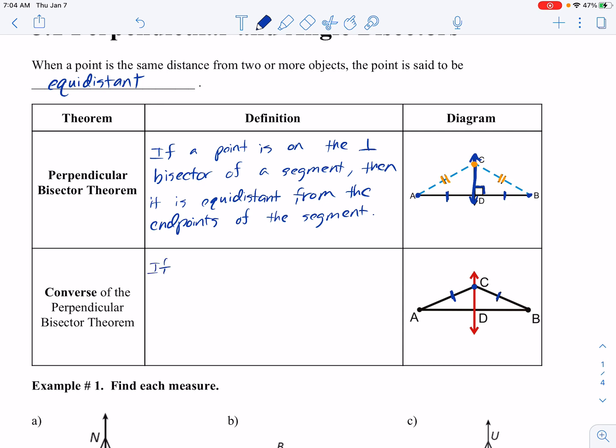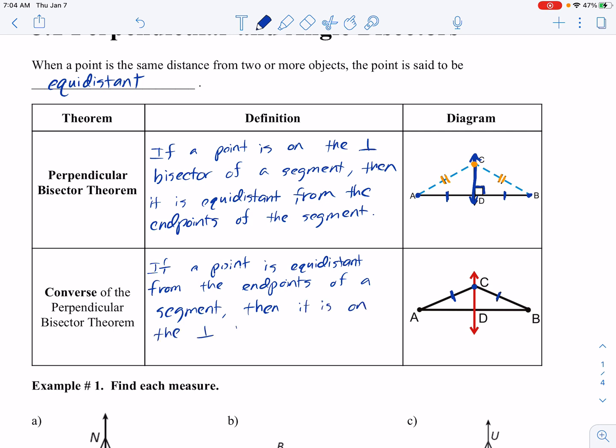So if a point is equidistant from the endpoints of a segment, then it is on the perpendicular bisector.